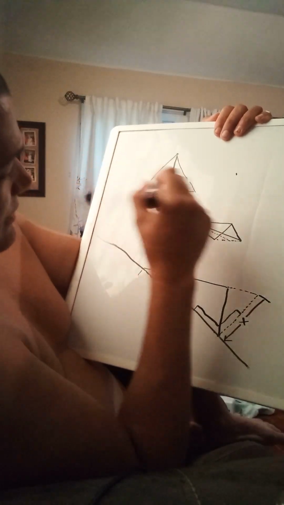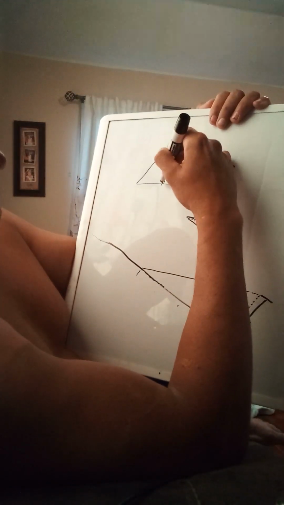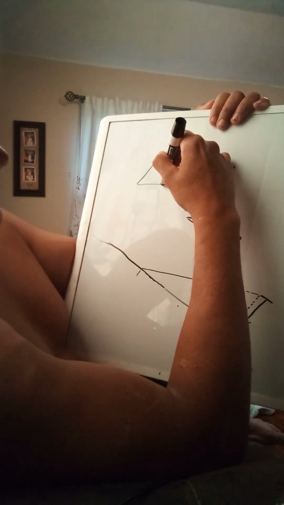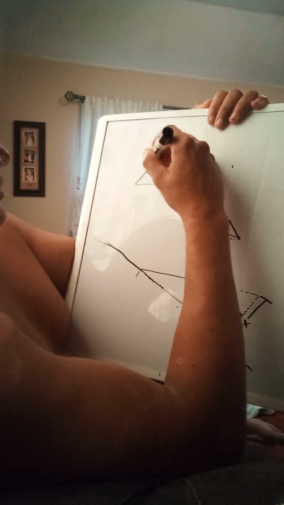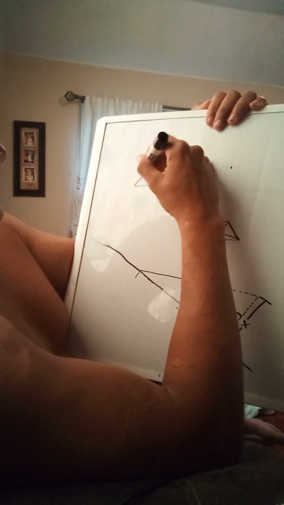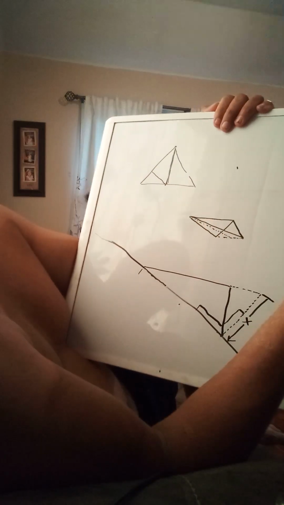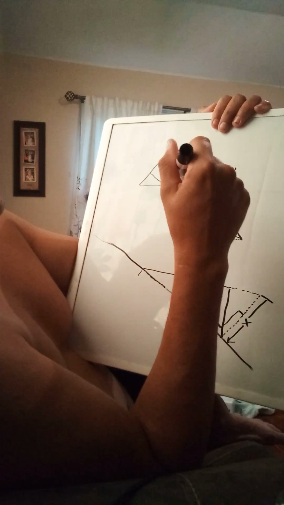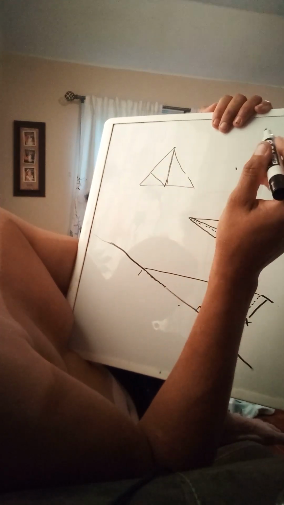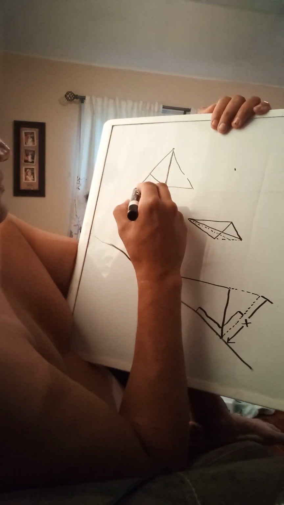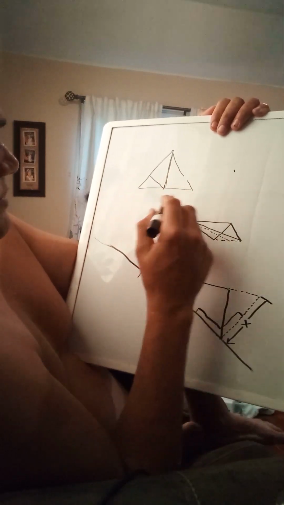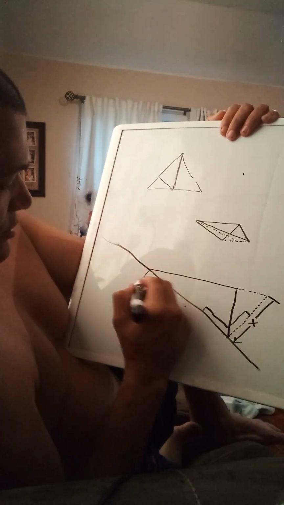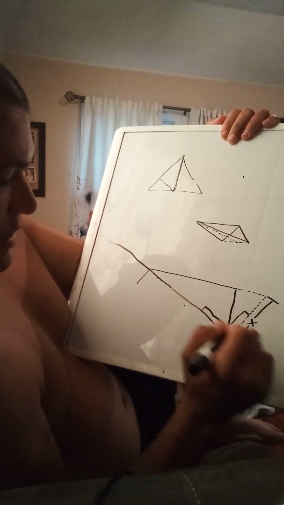But essentially, what we're trying to find is the point where it runs into 90 degrees with this line. So it's a square from this line over to here, and that is what we need. First thing you need to do is determine your distance up the rake.